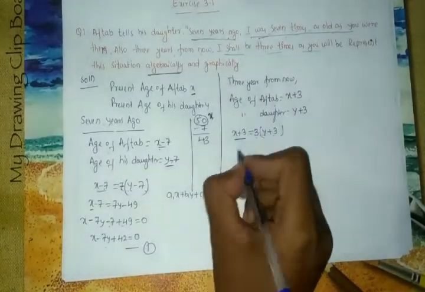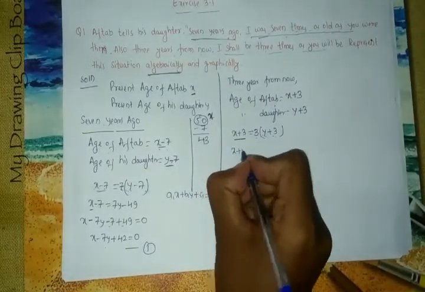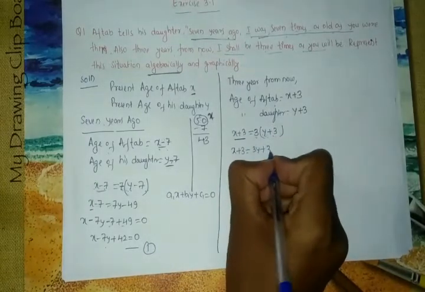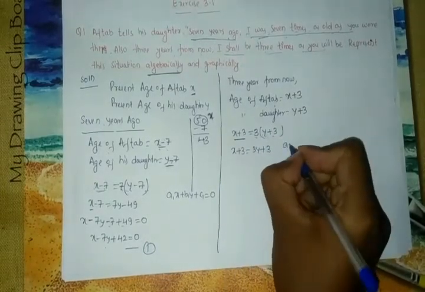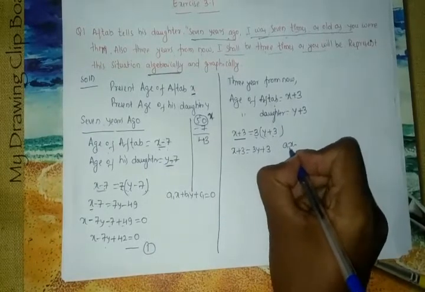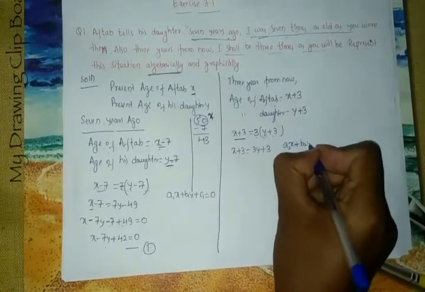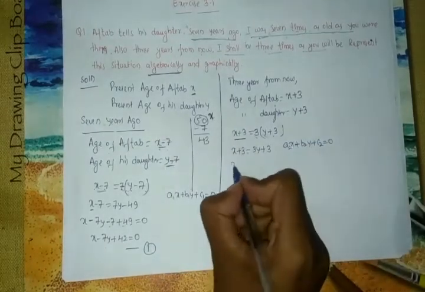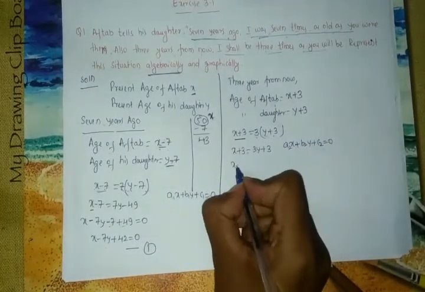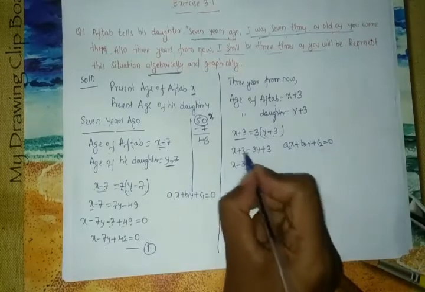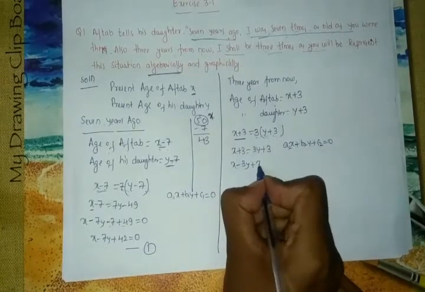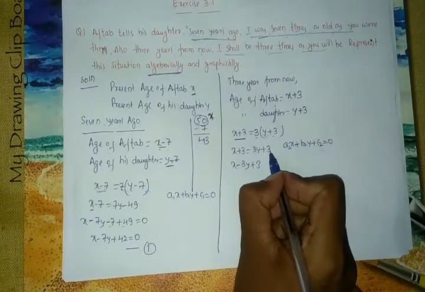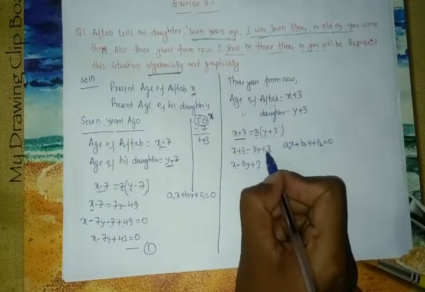So one more equation we can get, that is x plus 3 equals, open the bracket, 3 times y plus 3. Let me keep the equation in standard form, that is a2x plus b2y plus c2 equals 0. So you take 3y to the LHS, so this is minus 3y, plus 3.